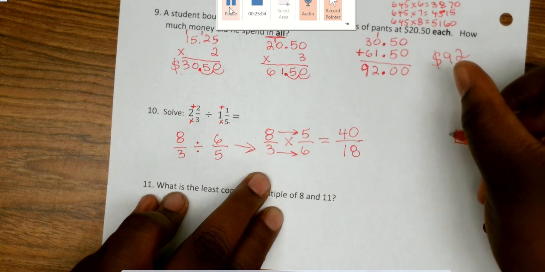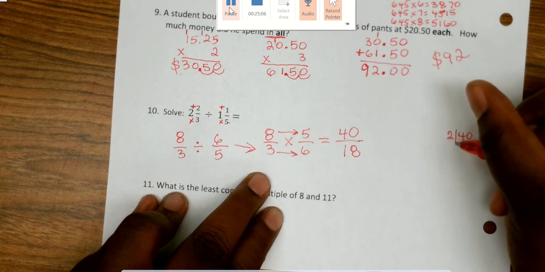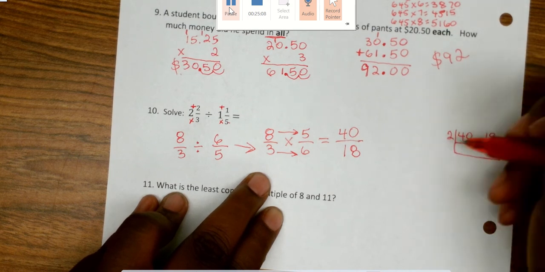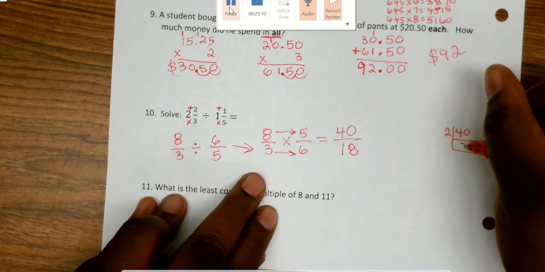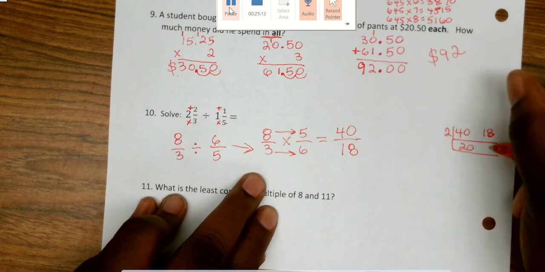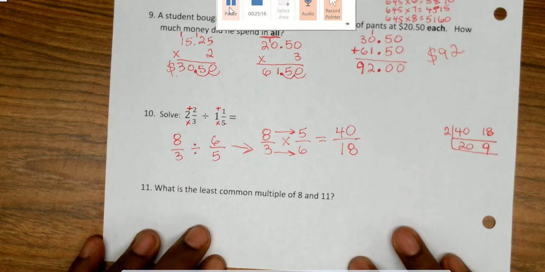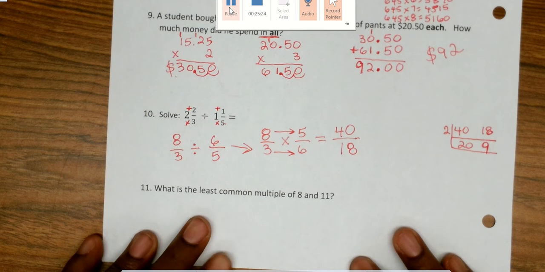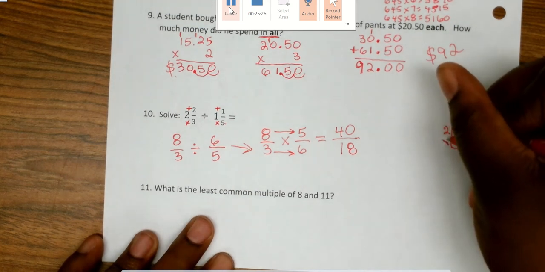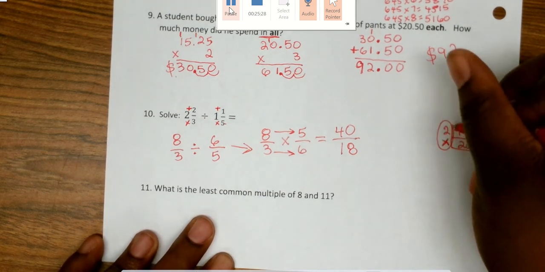I know that 2 can go into 40 and it can go into 18. 2 goes into 40 20 times. 2 goes into 18 9 times. But can I get any other factors out of 20 and 9? No, I can't think of one. So we are done there. So our GCF is simply 2.